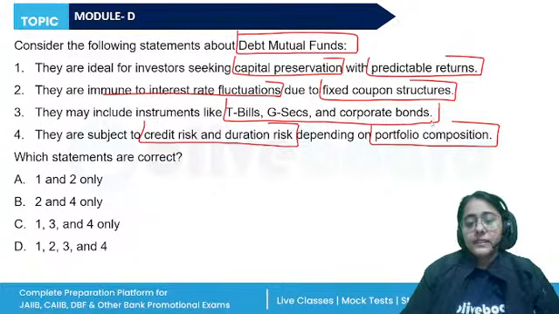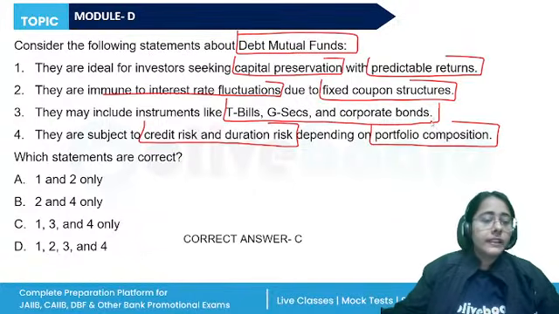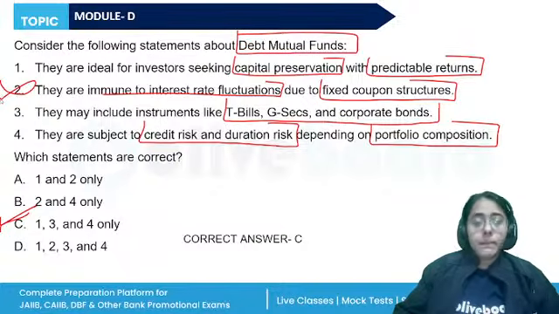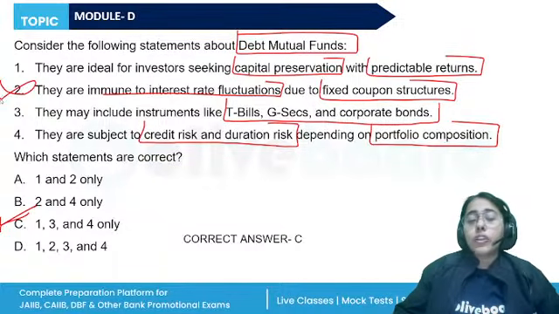Which statements are correct? Debt mutual fund. Yes, here also C is true, 1, 3, and 4. They are not immune to the interest rate fluctuations. They are stable as compared to the equity mutual fund, stock mutual fund. They are stable relatively, but they're not completely immune. They're not completely risk free. Rest everything is correct. The instruments are T-bills, G-secs, and corporate bonds.